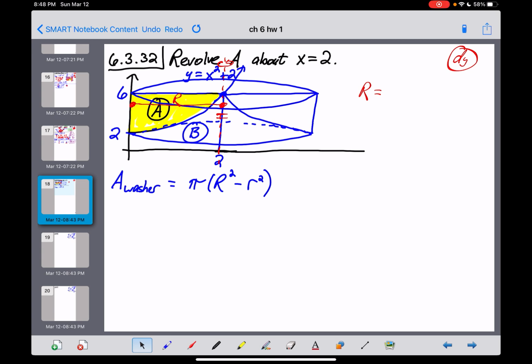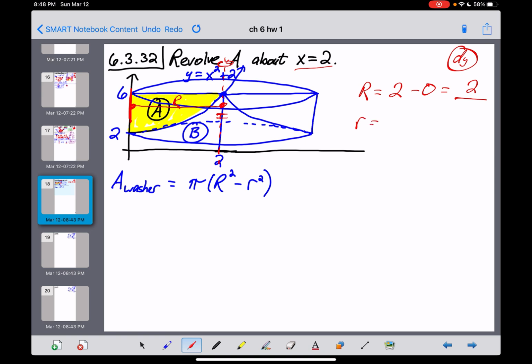It's a constant value. So what stops big R on the right? That would be here the line x equals 2. So 2 minus, and then what stops big R here on the left? That's the y-axis, which is x equals 0.